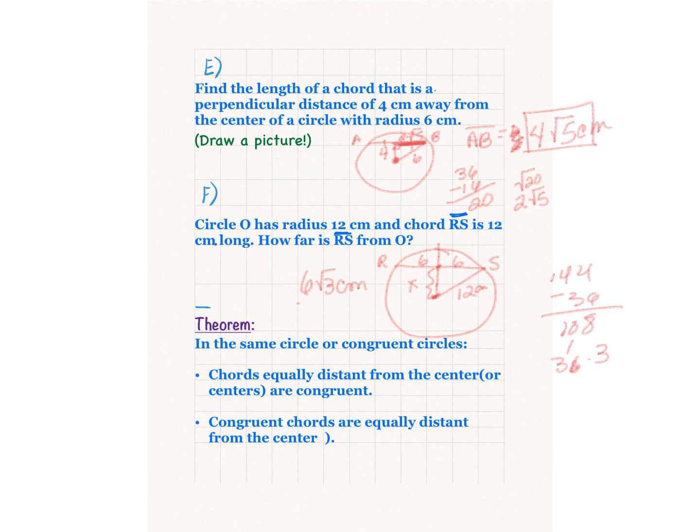So if I have a circle like this, and I have this chord here, and this chord here, and I know that they are the same distance away from the center, then I also know that those chords themselves are congruent to each other.